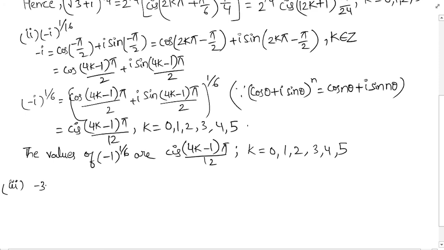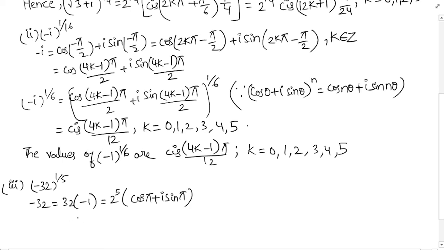Now we'll move on to the third bit, that is minus 32 to the power 1 by 5. Okay. So minus 32 can be written as 32 into minus 1, which can be again written as 2 power 5 into cos pi plus i sin pi.